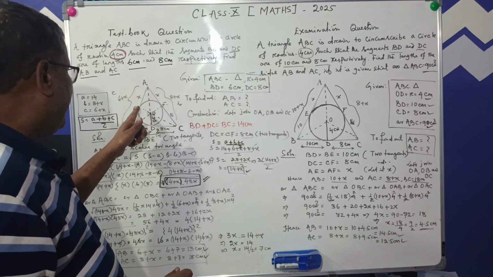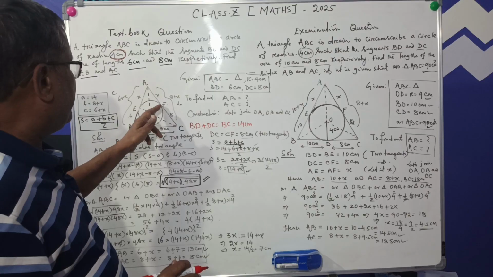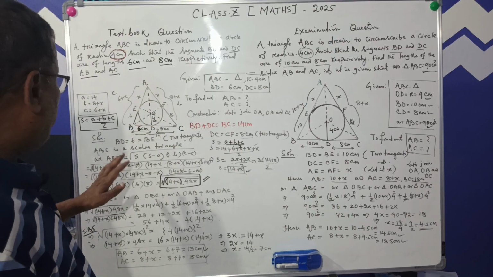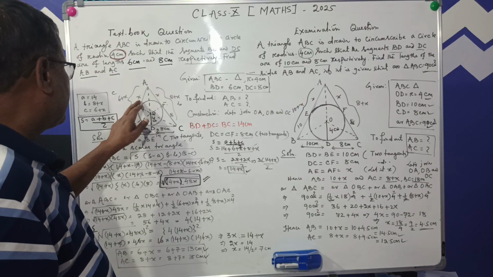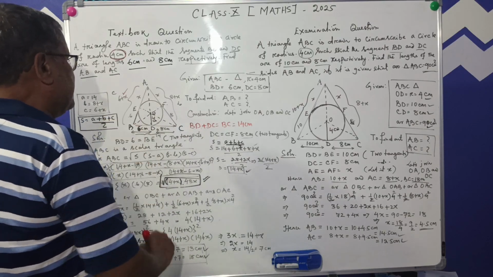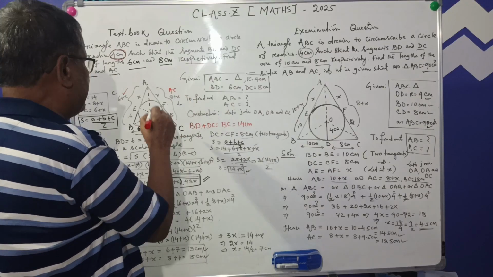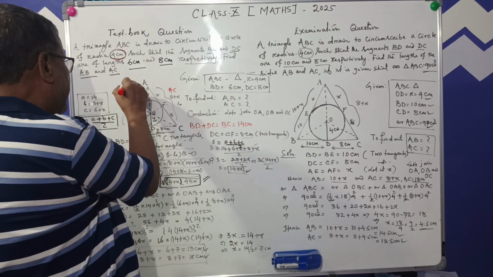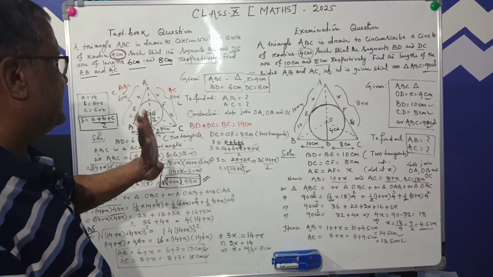So if AE is x cm, AF is also x cm. Now we get AB is 6 plus x cm, AC is 8 plus x cm, and BC is 14 cm.